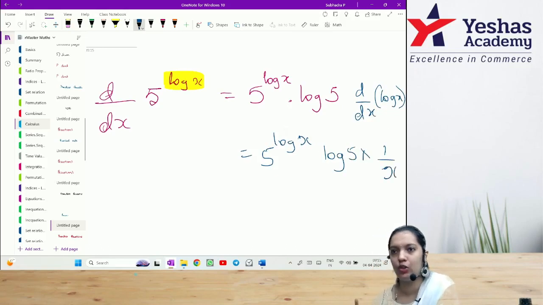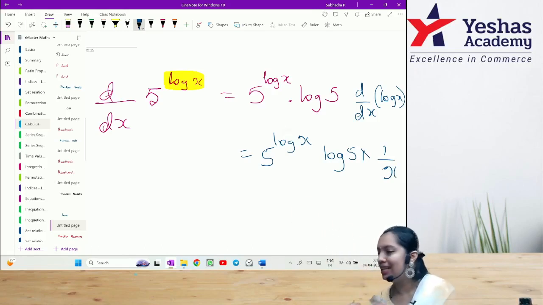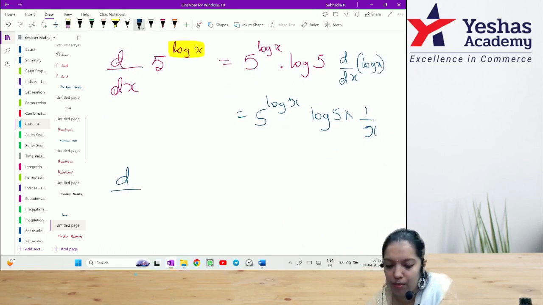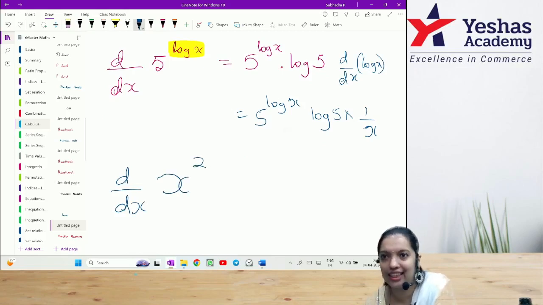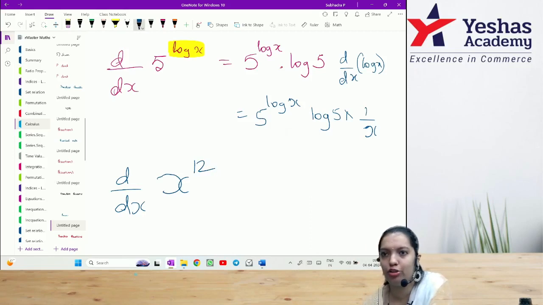Is everyone understanding? Whenever you have multiple functions put together, this is how you do it. The next one, I'll ask Shivraj, help me find the derivative of x to the power 2. You understand this? It becomes 2x. Let's do x to the power 12: 12x power 11. I will not stop over here.